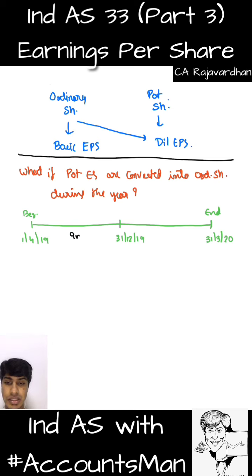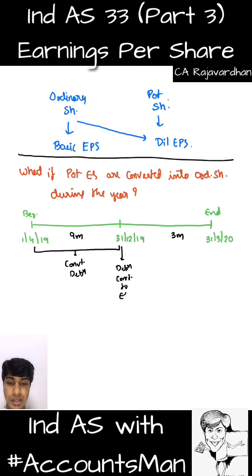So this is 9 months, this is 3 months. From this date to this date, it is convertible debentures, and on this date, debentures converted to equity shares, and from this date to this date, equity shares. Now how do we deal with this?